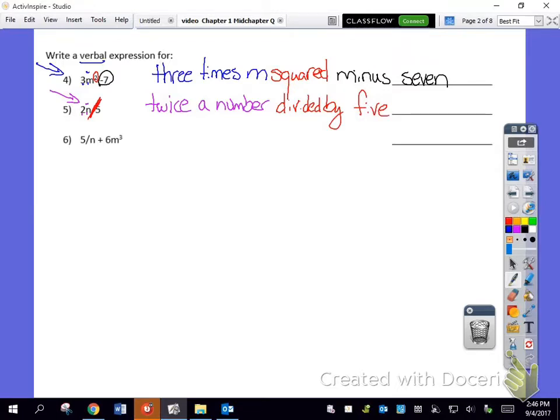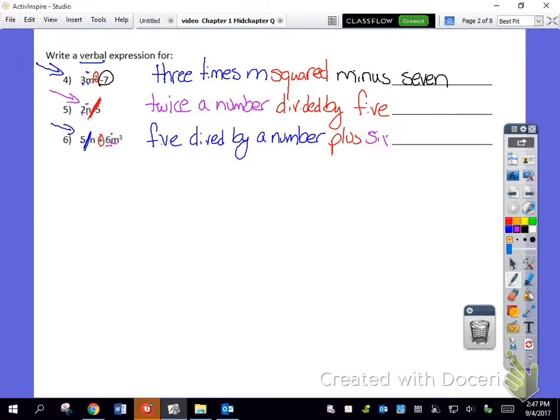Okay, on the bottom, start. You have 5 on the top, so it goes first. 5, that slash means divided by. Divided by a number. Okay, what do we have next? Plus. So I can just say plus, or I can say increased by. And I have 6 next to a variable, so that means times.